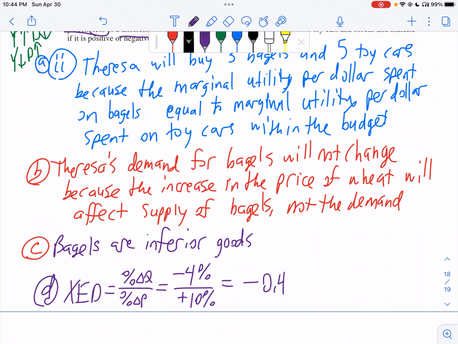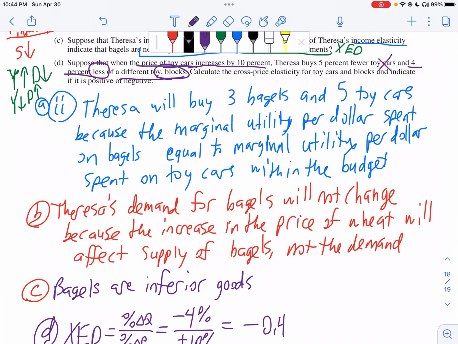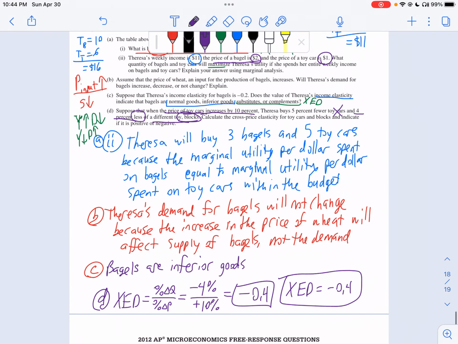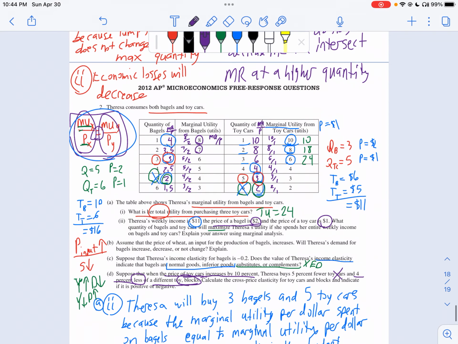So that's all you have to put, actually, is this 0.4. So you would write XED equals negative 0.4. That's all you have to write. Okay.